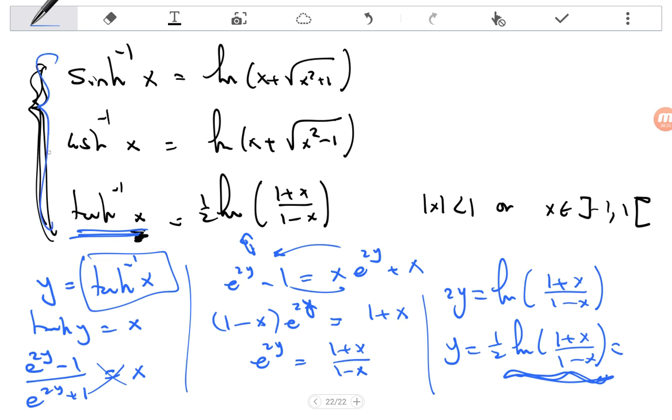Whatever the inverse function is, I may use the same idea: express it as y, put it in terms of the exponential, then solve again for y, and you'll get any of these three expressions. So this is the lecture about the hyperbolic functions and inverse hyperbolic functions.